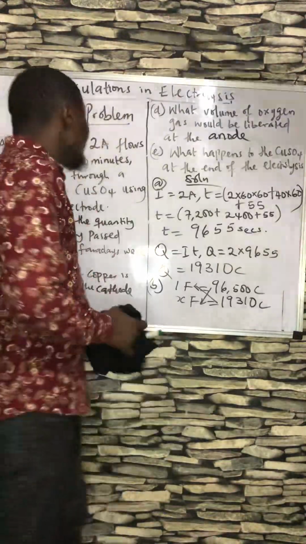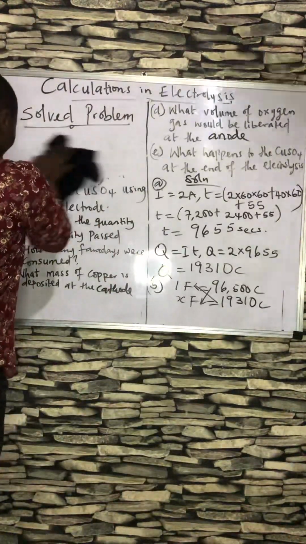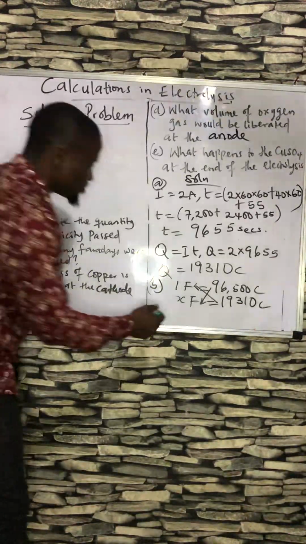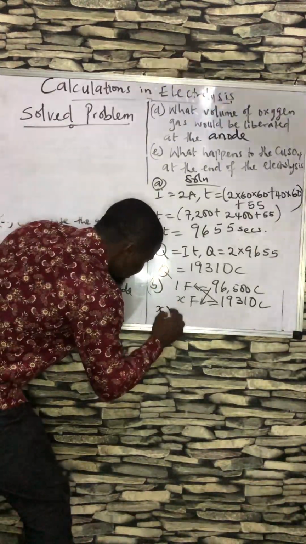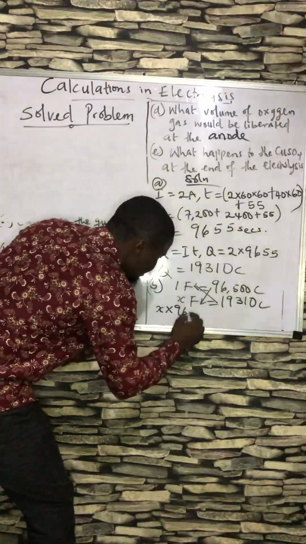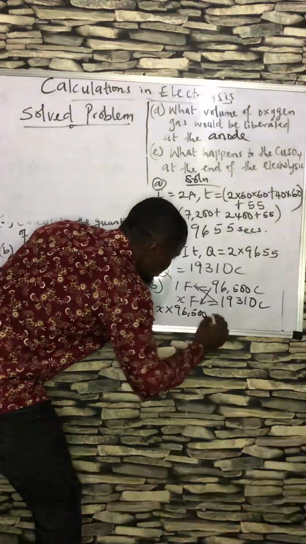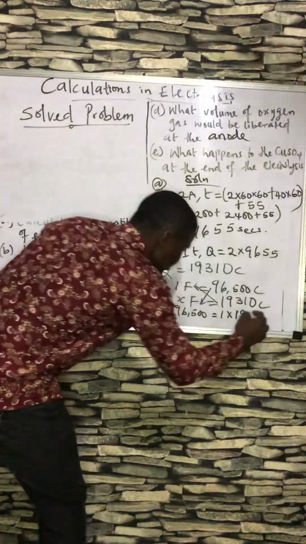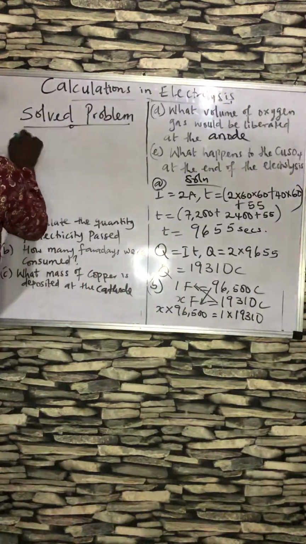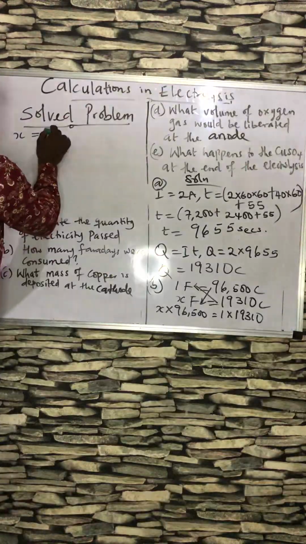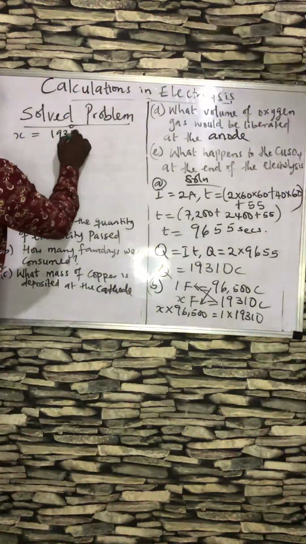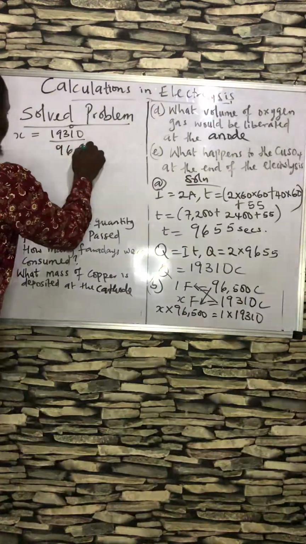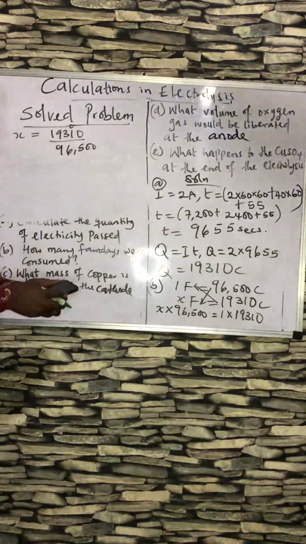So how many Faradays will be consumed? X. Right? So it means that mathematically X times 96,500 will be equal to 1 times 19,310. So your X is equal to 19,310 divided by 96,500 Faraday.